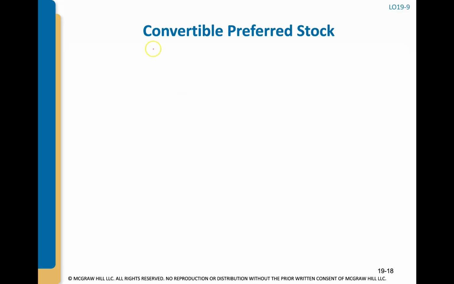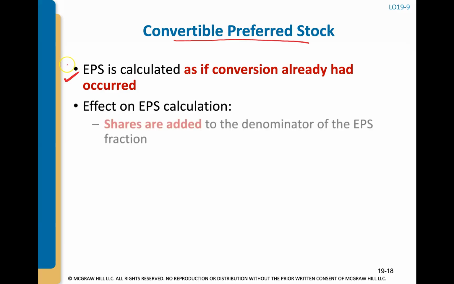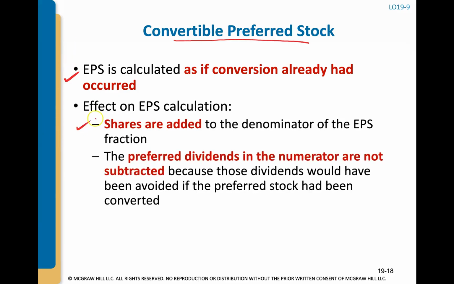So another type of convertible security now is convertible preferred stock. And again, with diluted earnings per share, we always assume that the conversion has actually occurred. And so we're going to have additional shares in our denominator.